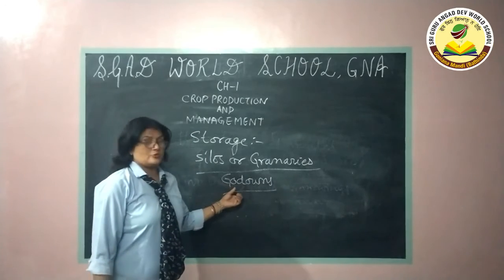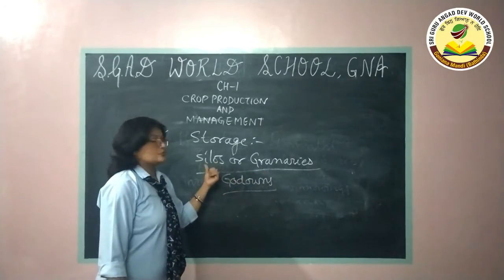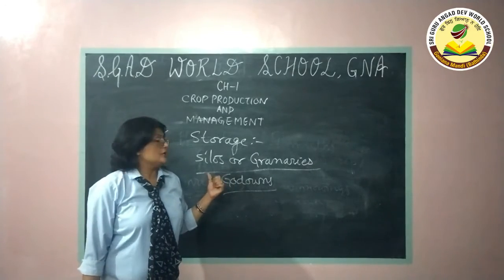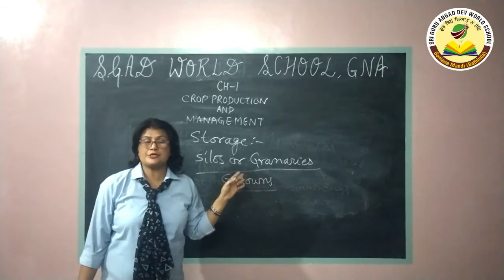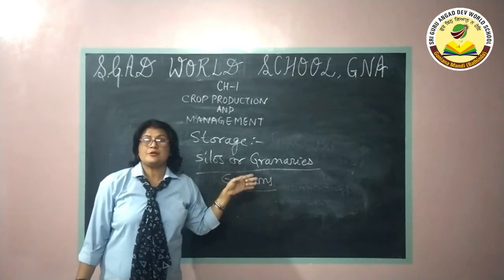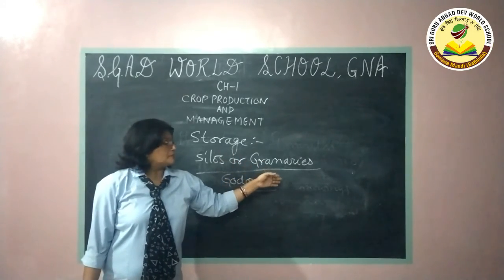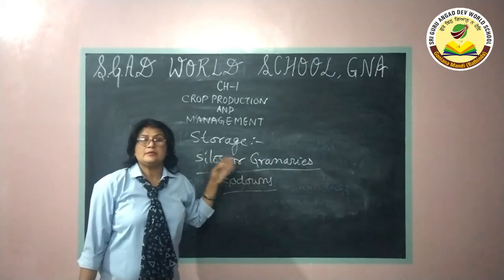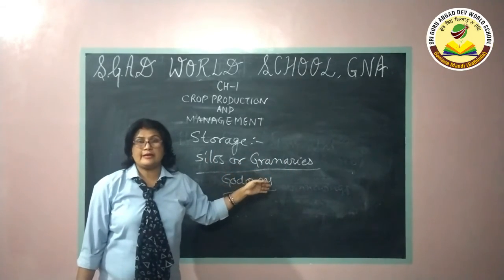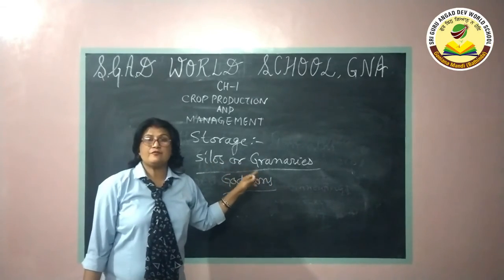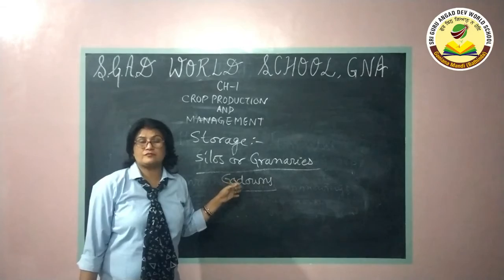In these godowns, granaries or silos, the grains are stored on a large scale. Here we have to see that they are protected from heavy sunlight, pests, rodents, and water or rain, so that they can be saved from wastage of the food.